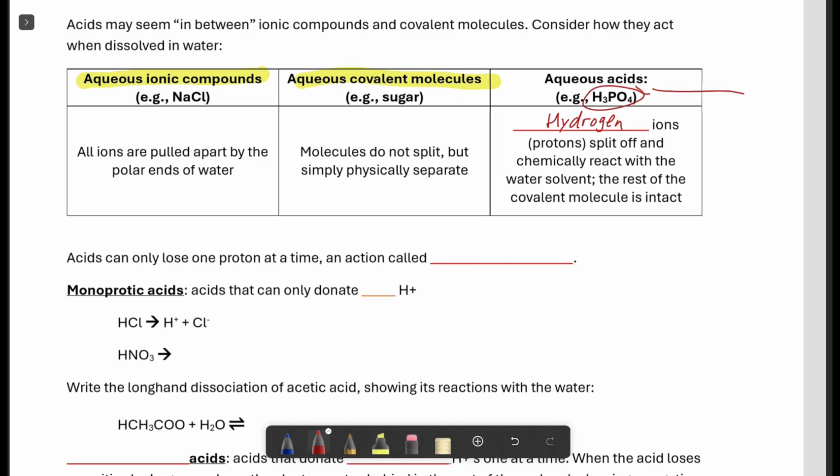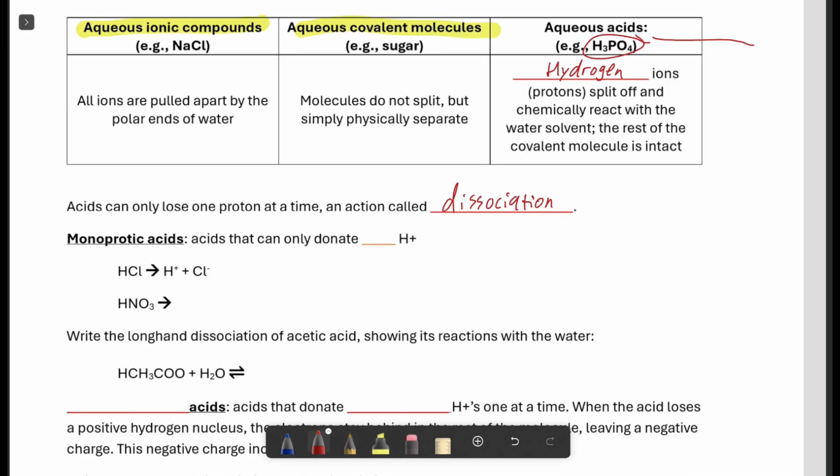H3PO4 has 3 hydrogens. It cannot lose all those hydrogens all at once. It has to lose them one at a time. And that's a process known as dissociation. Everyone say dissociation.